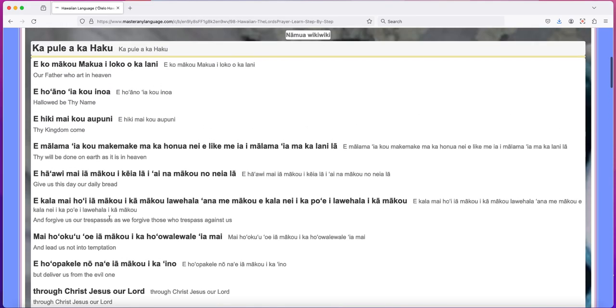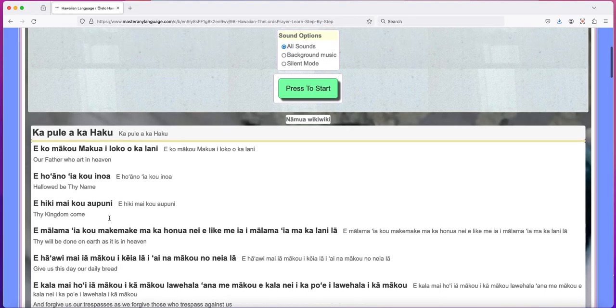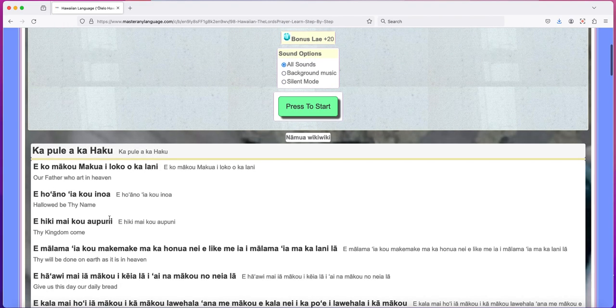And before we get started, I'm going to say at this point, we're not trying to focus on accents or trying to sound like a native speaker. We have this written here. I'm going to read this in the way that I would say it, or the way I'm seeing it.